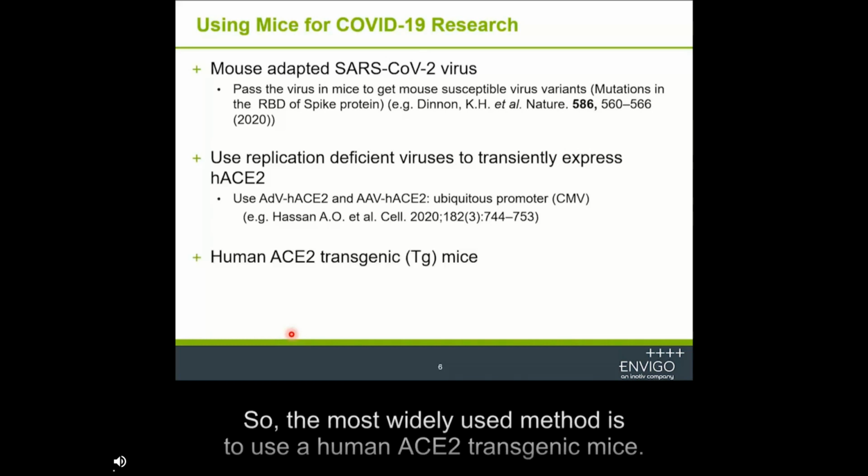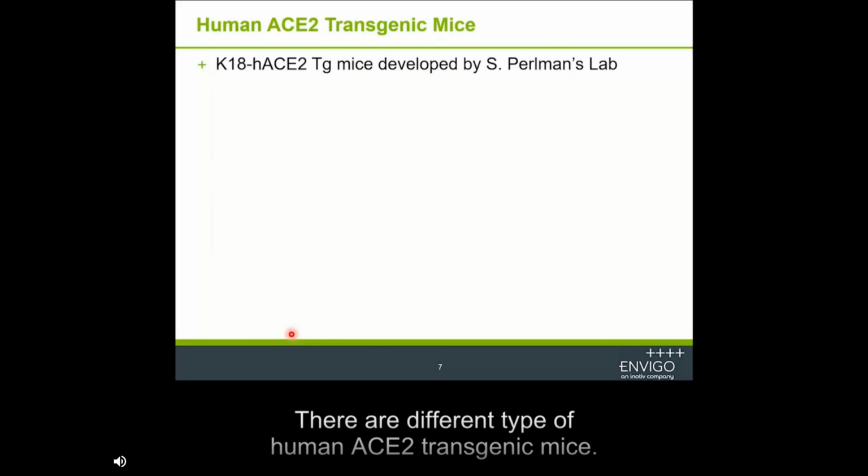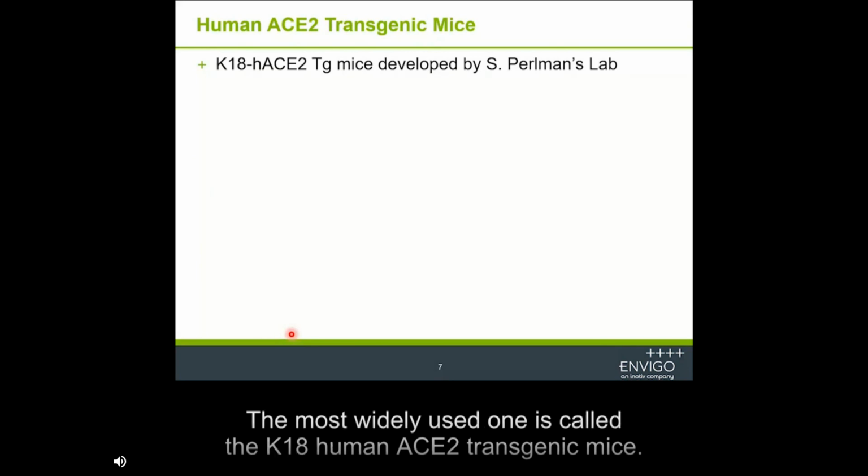So the most widely used method is human ACE2 transgenic mice. There are different types of human ACE2 transgenic mice. The most widely used one is called the K18 human ACE2 transgenic mouse.